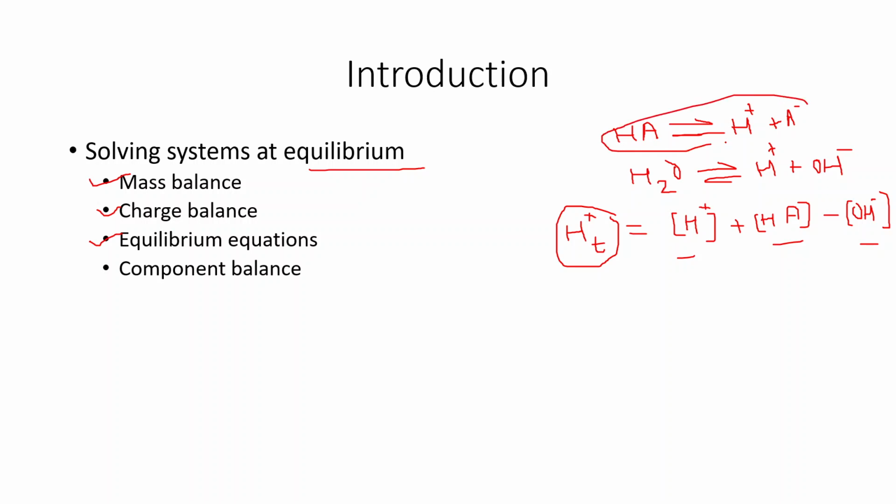If we look at this, the acid dissociation constant K will be H plus, A negative, over HA.